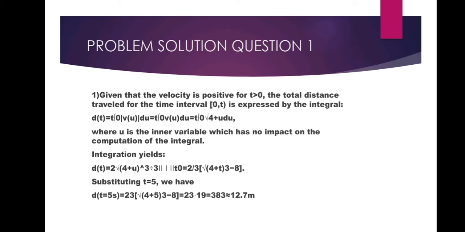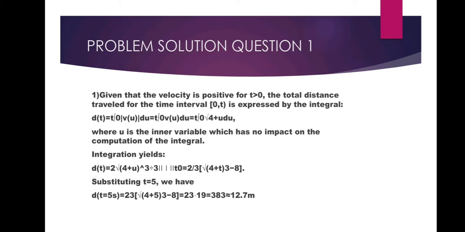So for the problem solution, for question 1, given that the velocity is positive for t greater than 0, the total distance traveled for the time interval is expressed by the integral, where u is the inner variable which has no impact on the computation of the integral. For the integration, we use the integral of 2 square root of (4 plus u) du, which equals 2 times (4 plus u) power of 3 over 2 divided by 3, equals 2 over 3 times (square root of 4 plus t) power of 3 minus 8.